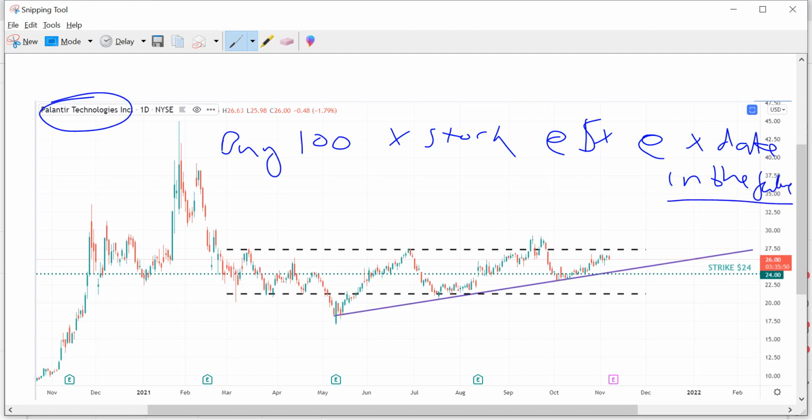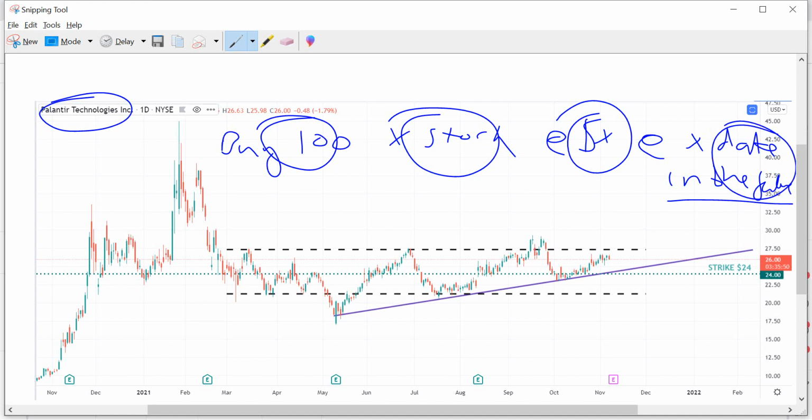So there's three components of selling options, and in this example, selling puts. How many shares you want to buy, what the stock is. Well, there's four then if you say what the stock is, at what price, and at what date. So one of the reasons why I love selling options, you have all the control, right?